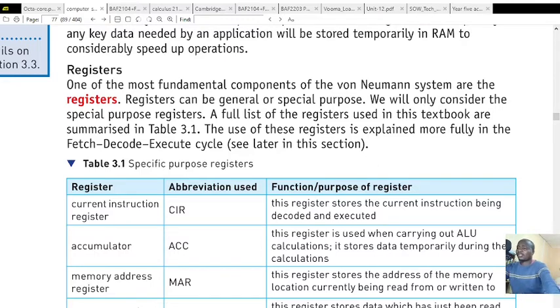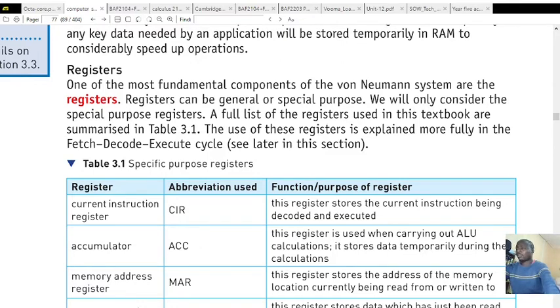As you can see, we have current instruction register, accumulator, memory address register, memory data register, then we have the program counter register. So let's start off by looking at the current instruction register, which is normally abbreviated CIR.